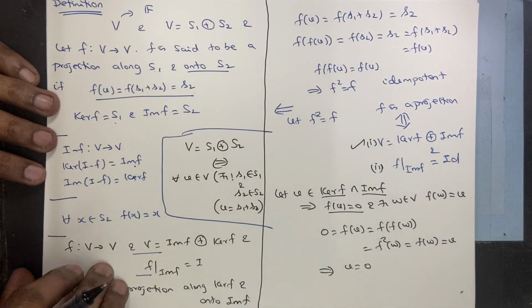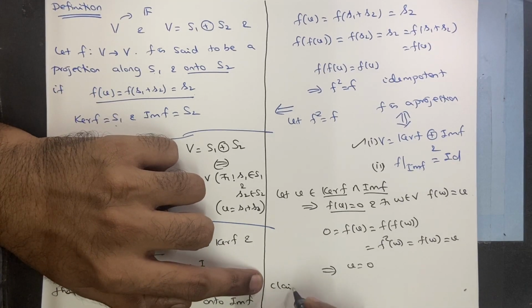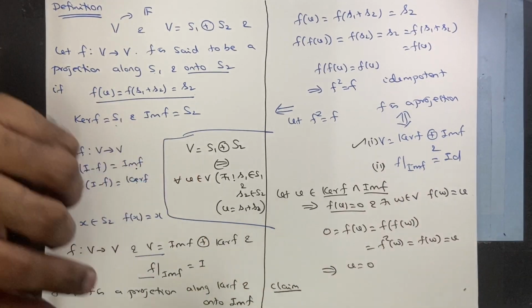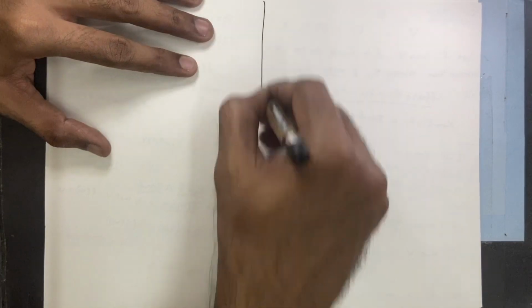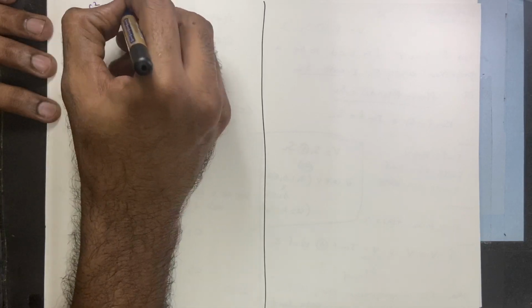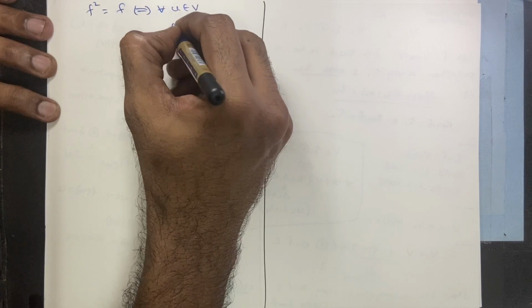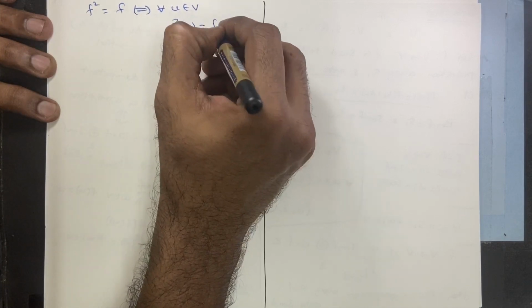So that's clear. Now we have to prove the next claim, claim 2: f restricted to the image of f is the identity map. That is very easy to prove. What is given to us is f squared is f, which is equivalent to saying that for all v in V, f squared of v is f of v.